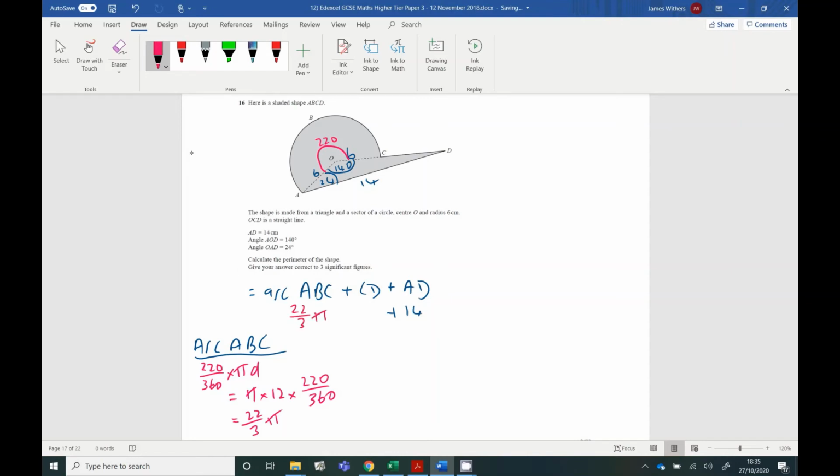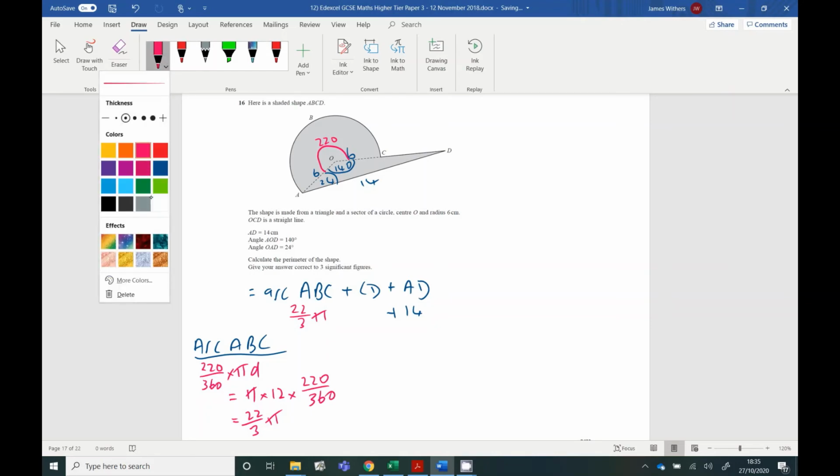Now what about working out the length from C to D? I think it's going to be easier to start off by working out the length from O to D. So we're using the triangle AOD, this non-right angled triangle, and we know the angle O and the opposite side AD.